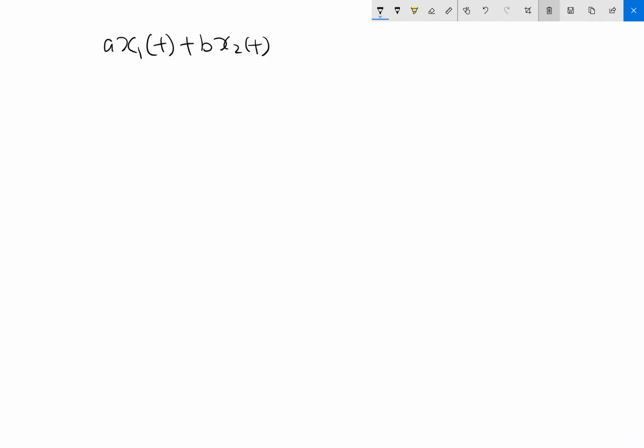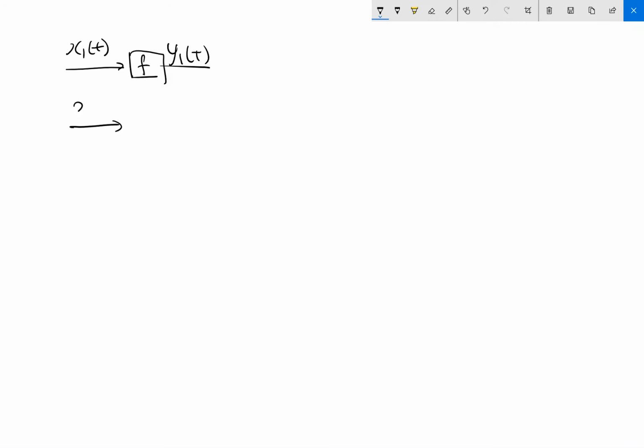So what we are comparing this time is, first, we put the two signals inside the system first. Then we get y1(t), and also we have x2(t) put into the system, and y2(t).